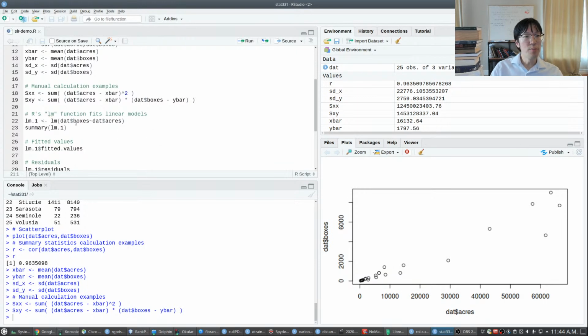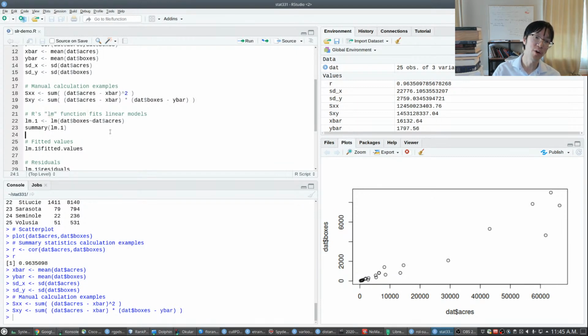Okay, so the main function that R has for fitting linear models in the broad general case is lm. So the syntax of lm is as follows. It takes as an argument a formula. The left-hand side and the right-hand side are connected using the tilde symbol. Just remember y goes first.